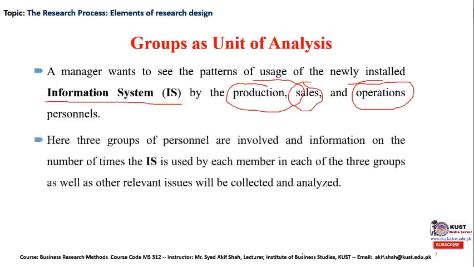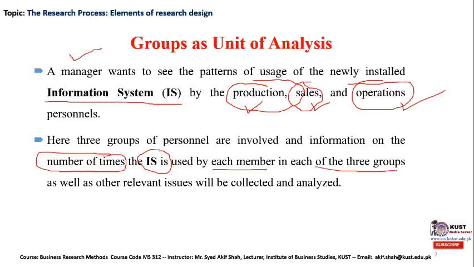So here three groups are involved, which are production personnel, sales personnel, and operations personnel, and the number of times the information system is used. The manager is interested to know how many times a particular group is using the information system, by each member in each of the three groups.